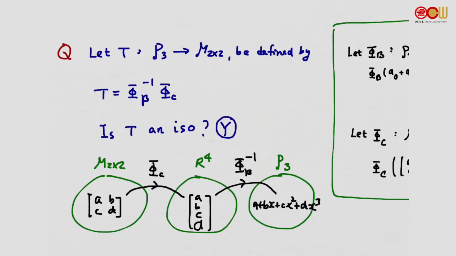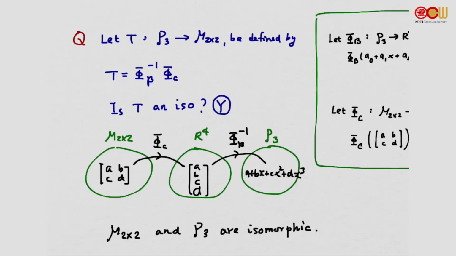Phi B inverse will map this vector abcd to a polynomial a plus bx plus cx squared plus dx to the third. And that means in particular, when we look at M2 by 2 and P3, although one has matrices and one has polynomials, they are isomorphic, they have the same structure.